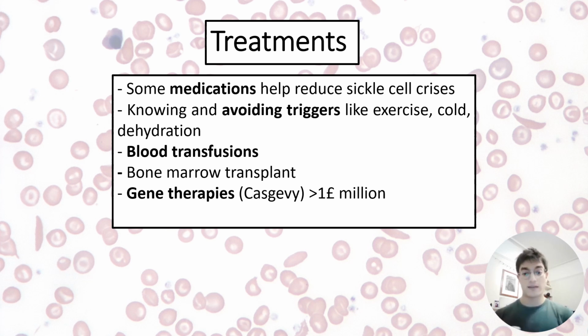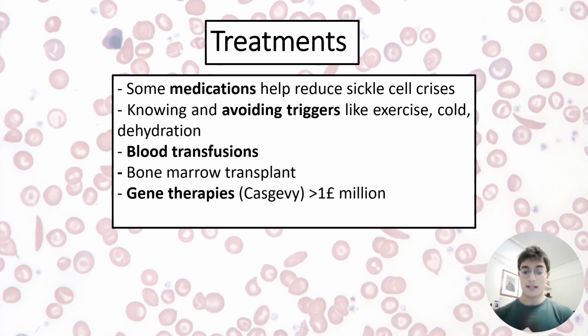You can remove that and then inject someone else's bone marrow tissue. So you end up with someone else's red blood cells, effectively. That sounds painful, and it is, and there aren't a lot of bone marrow donors. And it's a very expensive and difficult treatment in a lot of ways.